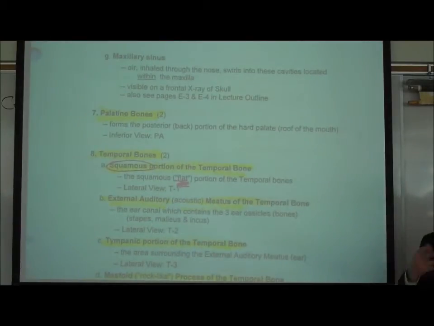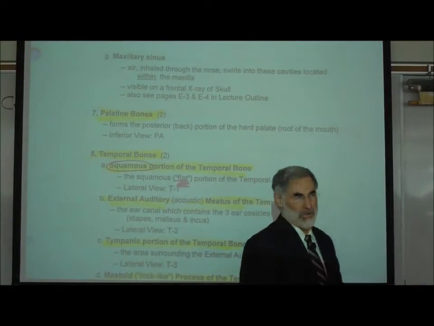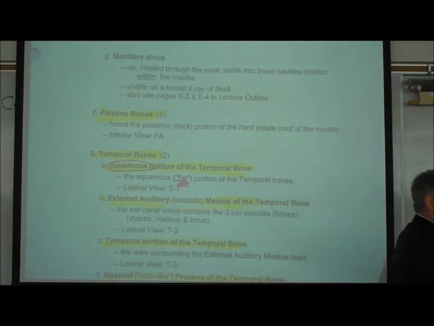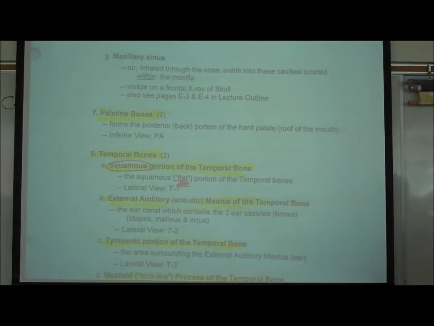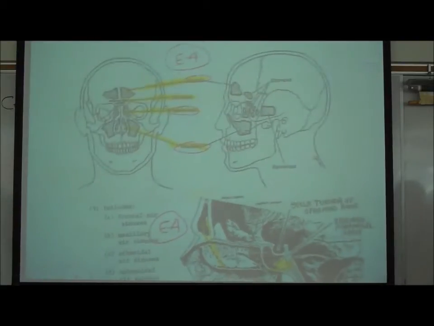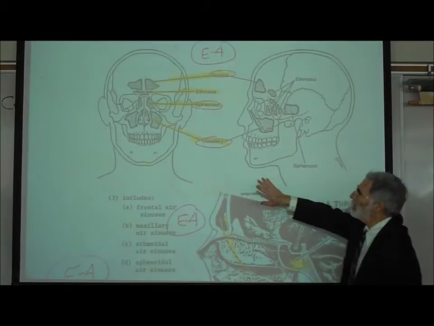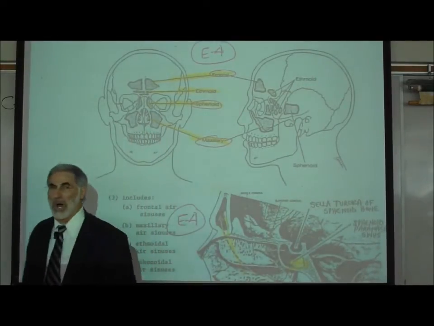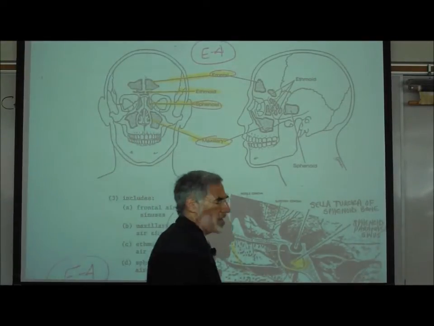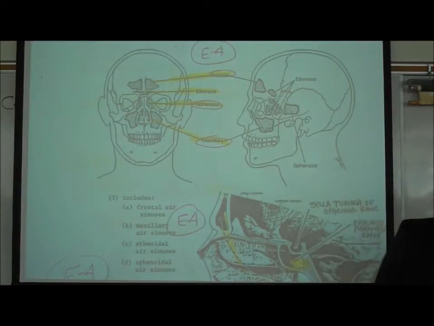Now, we have mentioned that there are sinus cavities in the bones of our skull. And the only way to see these hollow cavities in the middle of a bone is with an X-ray. On section E, page E4, you'll remember we mentioned this previously, there are these hollow cavities in 4 bones. These are known as the 4 paranasal sinus cavities.